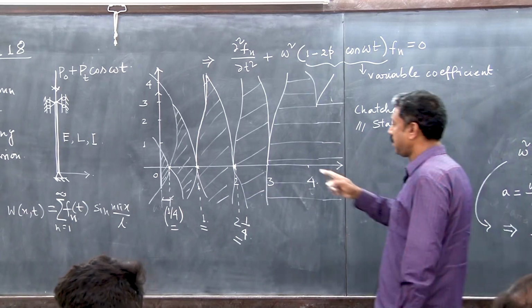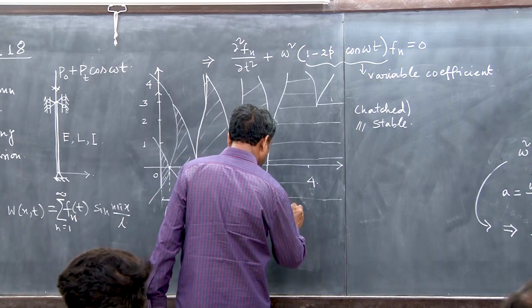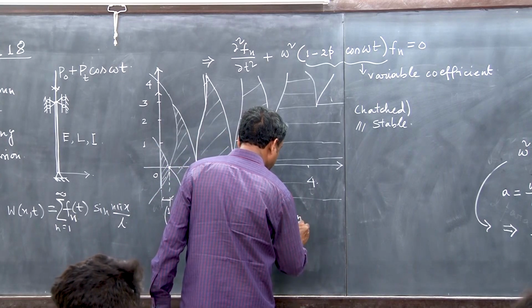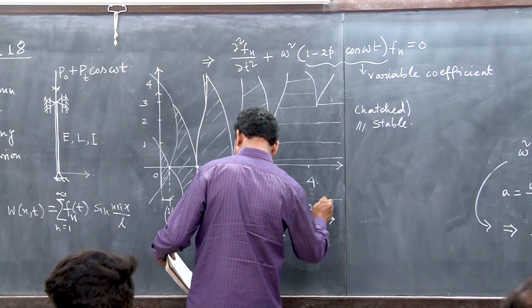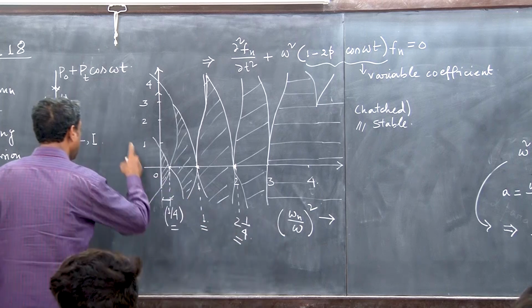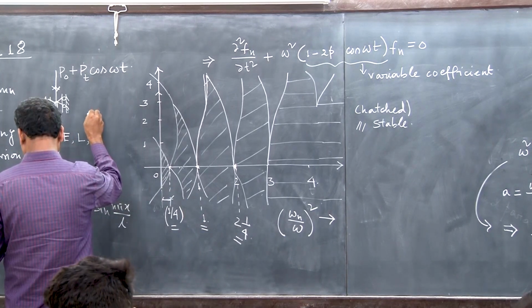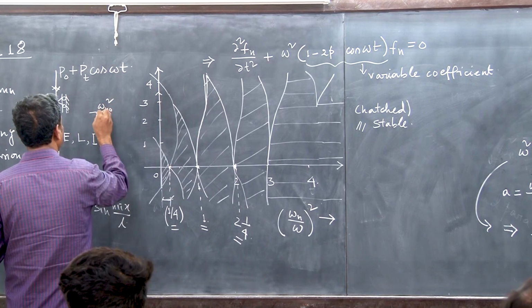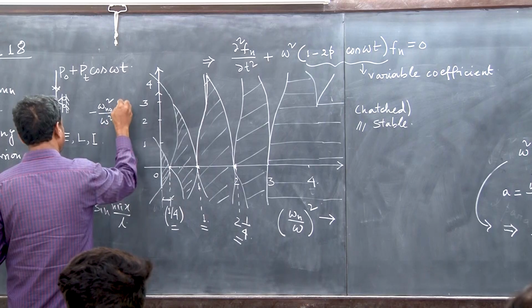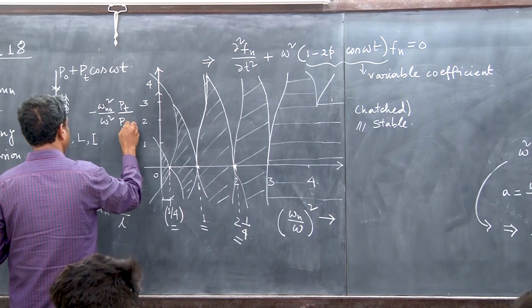So what we are plotting here essentially is omega n upon omega, squared. And on the right here we are plotting essentially minus omega n0 square, omega square, Pt divided by Pcrn.